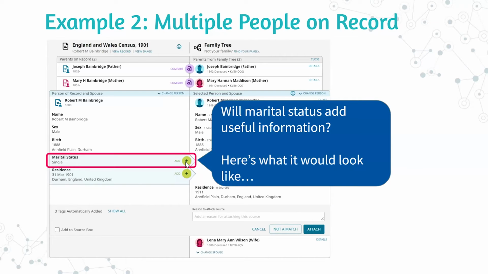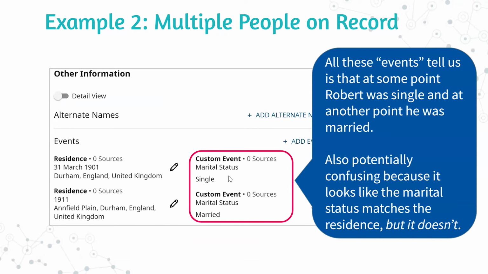But to the point we talked about earlier, marital status is already indicated by sources. So this is redundant, but also when it gets added to the other information section, this is what it looks like. Custom event, marital status, single. And another one from a different reference, marital status, married.